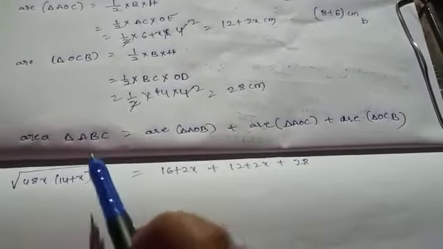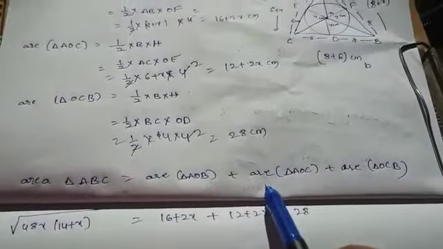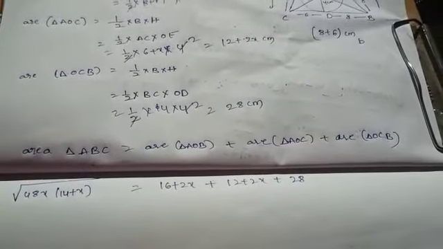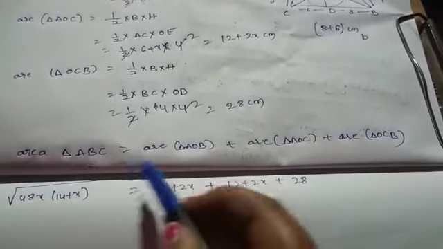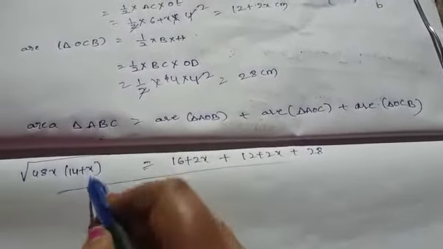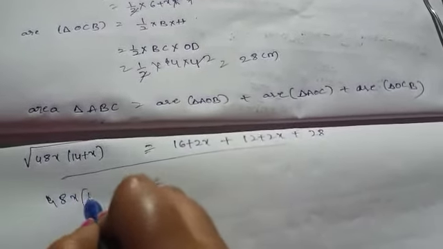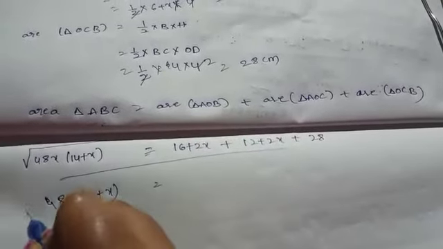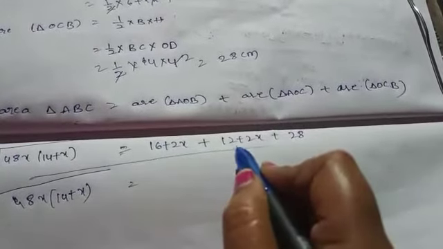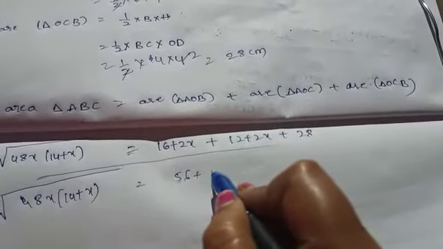Therefore, area of the big triangle ABC equal to area of triangle AOB plus area of triangle AOC plus area of triangle OCB. Substitute the values in this equation. Finally, we get this equation. Root over 48x into (14 plus x) equal to 16 plus 12 plus 28, 28 plus 28 is 56, 2x plus 2x, it is equal to 4x.